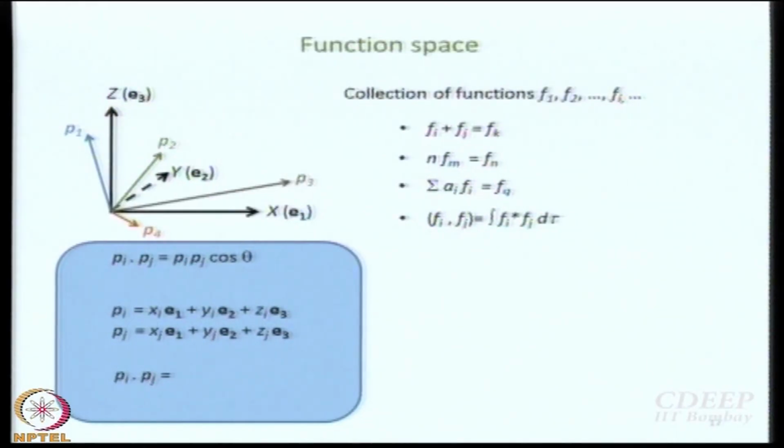Xi xj, E1 dot E1. What is the dot product of E1 and E1? 1. What is the next term? Xi, E1, yj, E2. So, xi yj, E1 dot E2. What is that dot product? 0, right. Cos theta is cos 90, right. So, this is what you get, very simple: xi xj plus yi yj plus zi zj.